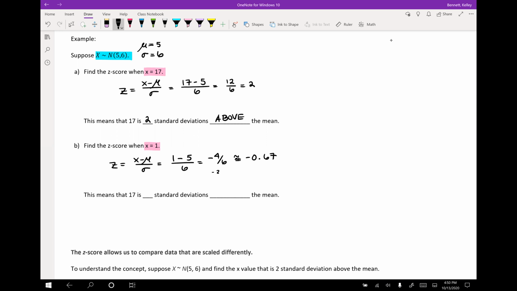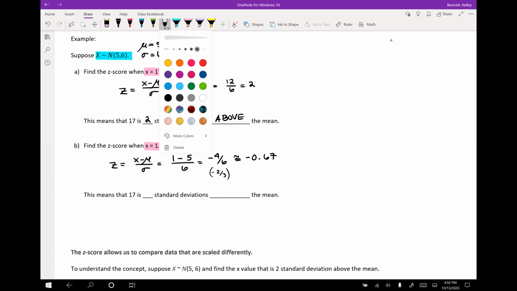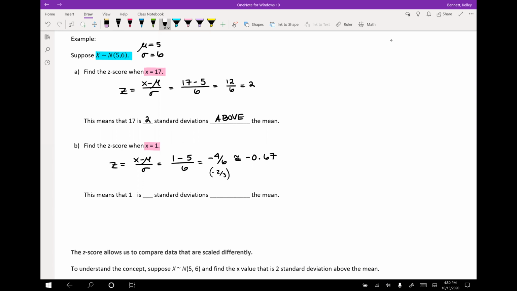Because this is negative 2/3. So that means that, oh, that was supposed to be 17. Maybe let's try doing it with a little correction here. Perfect. So this means that 1 is negative 2/3 standard deviations below, right? Because it's negative. So I could put a decimal, I could put a fraction, it doesn't matter.